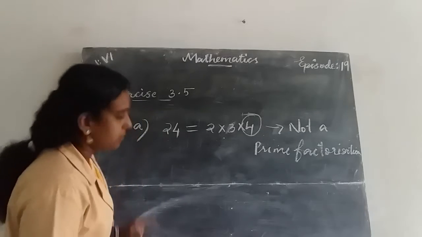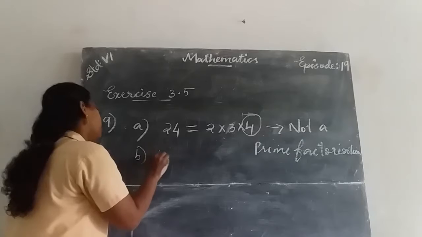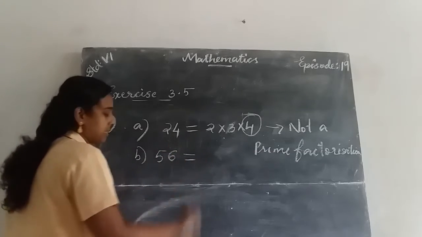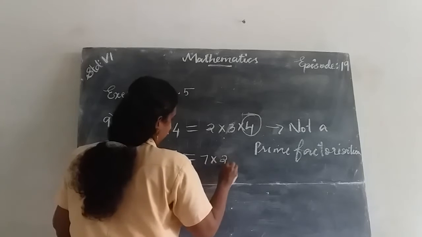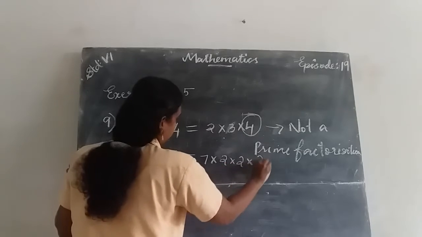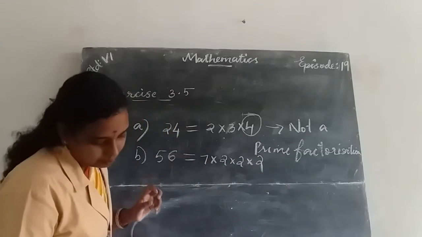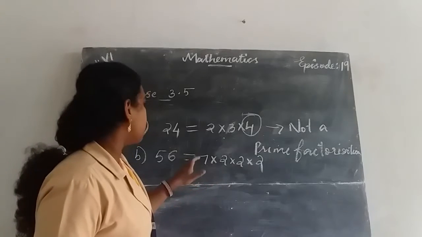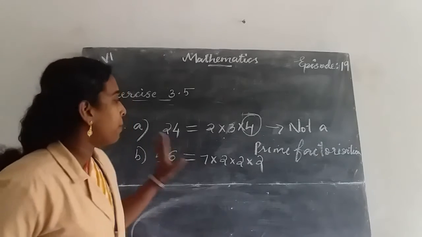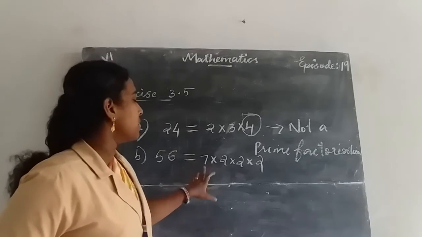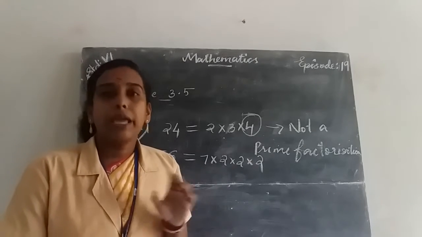And the second expression: 56 is equal to 7 into 2 into 2 into 2. Is this a prime factorization or not? This is a prime factorization because 7 and 2 are prime numbers.